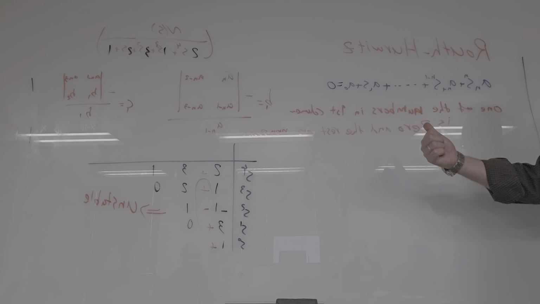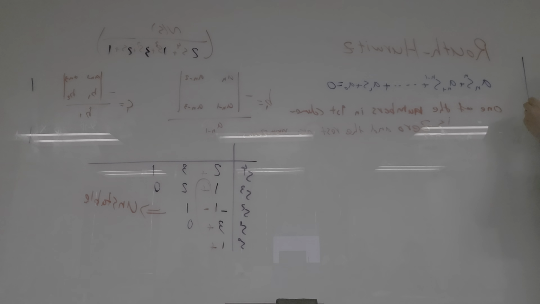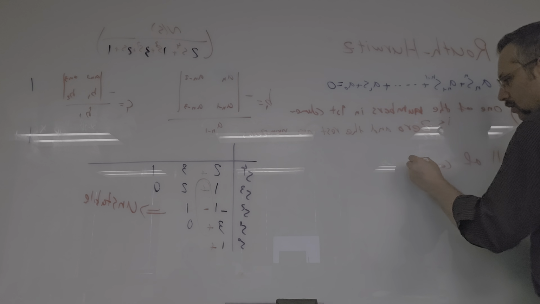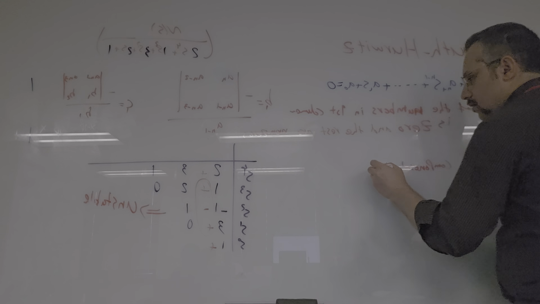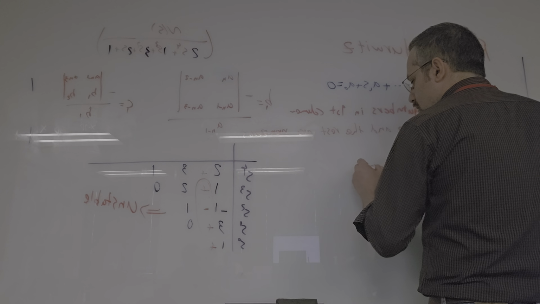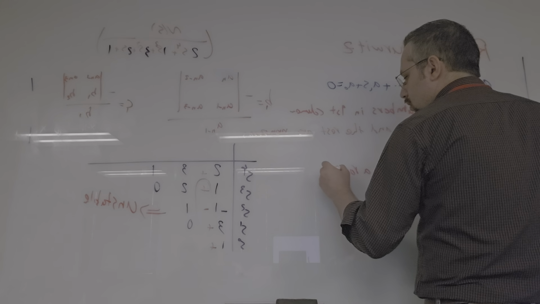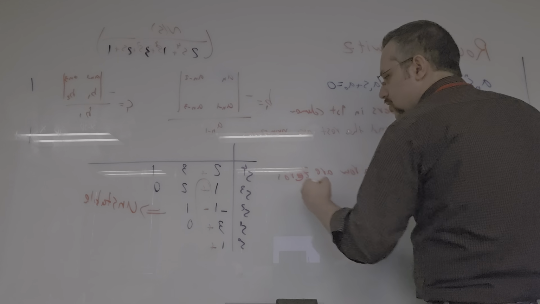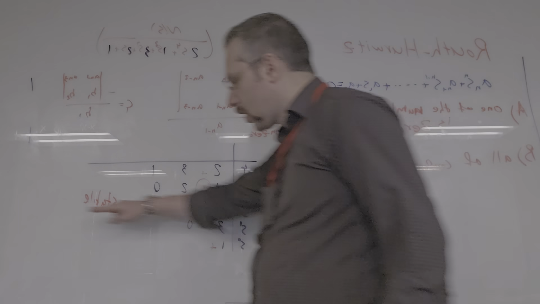Let's say situation A. Another situation is that all the components in a row are zero, so everything in one row is zero.